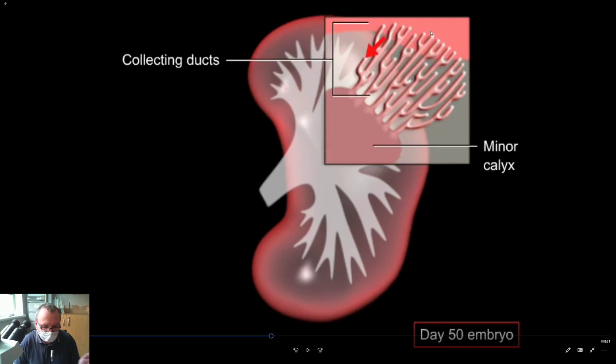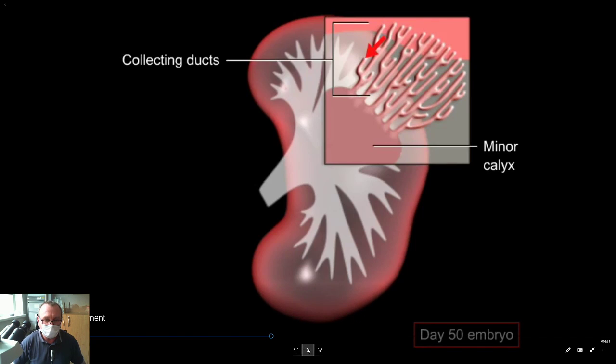And if I remember well, Andrea said in the first part of this lesson that collecting tubules and ducts and nephrons have different embryological origin. So here it is. Collecting ducts and tubules develop from the ureteric bud, and the nephron is developing from the surrounding metanephric blastema. Both these structures develop from the intermediate mesoderm, but a little differently.